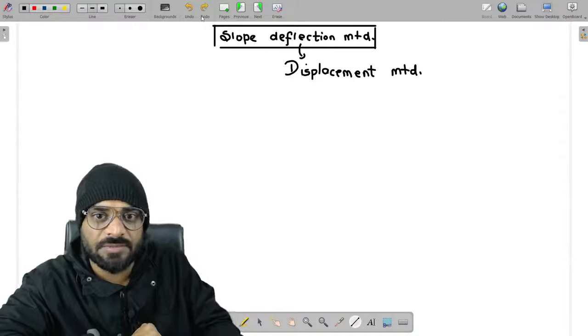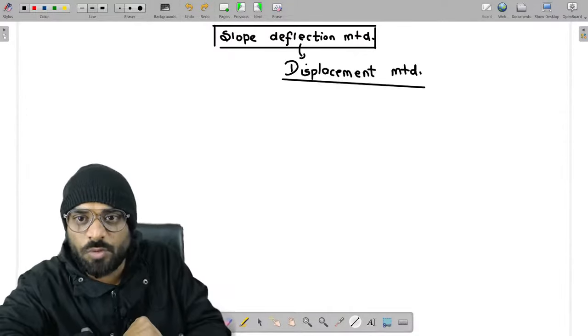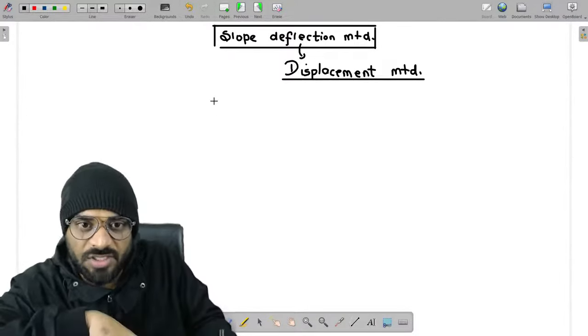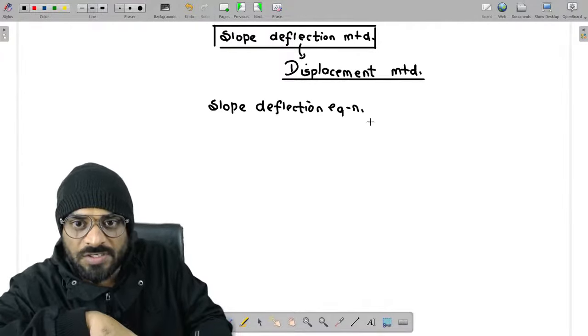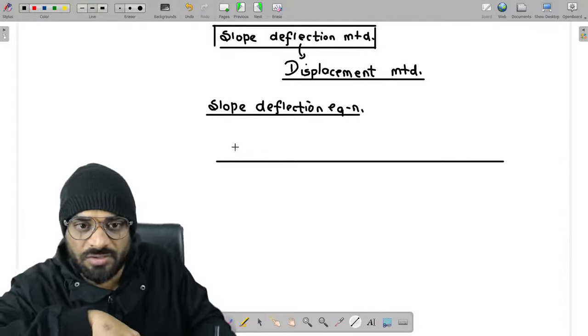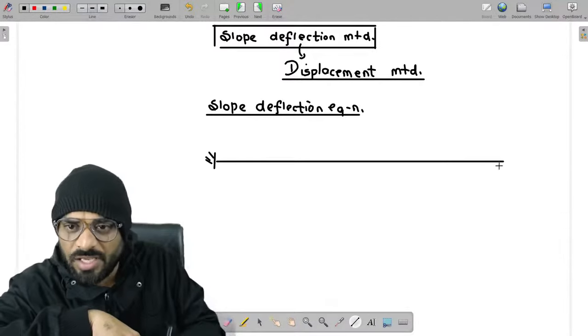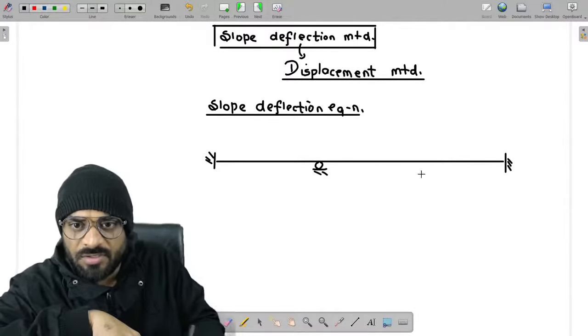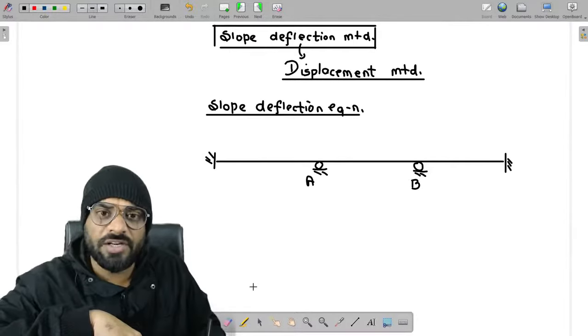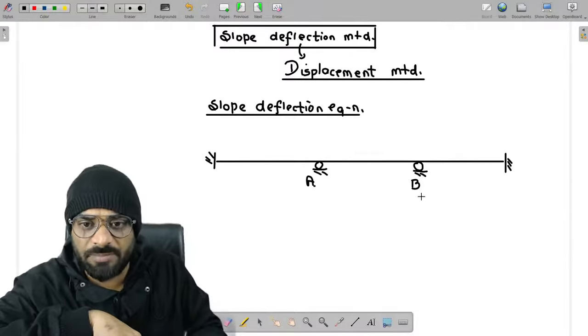Now, guys, slope deflection equation. What is the slope deflection equation? Do you remember? Let us suppose I have a continuous beam, with point A and point B, and I want to write down the slope deflection equation for AB and BA.